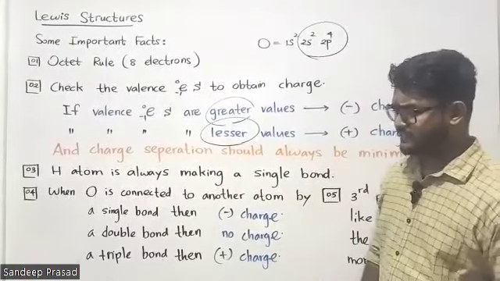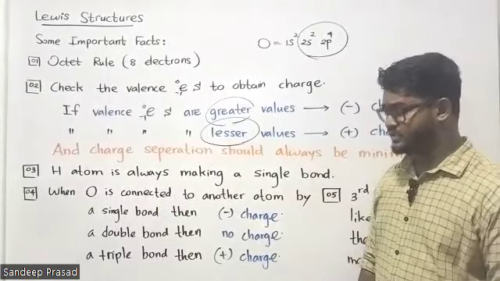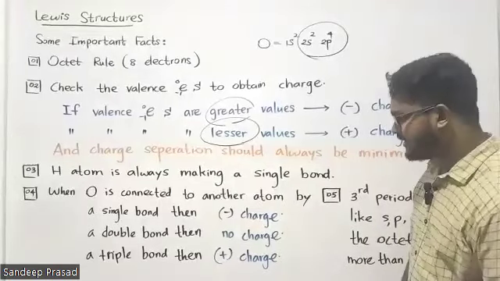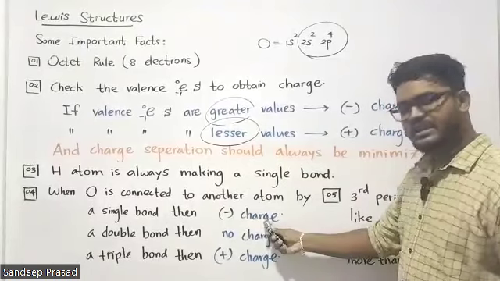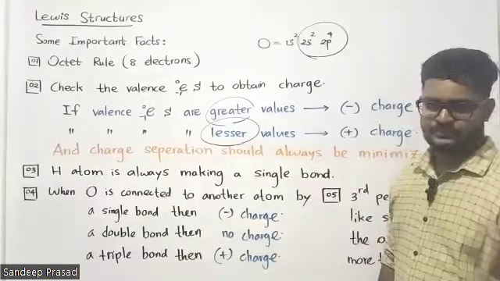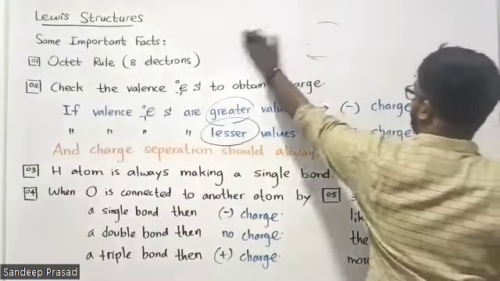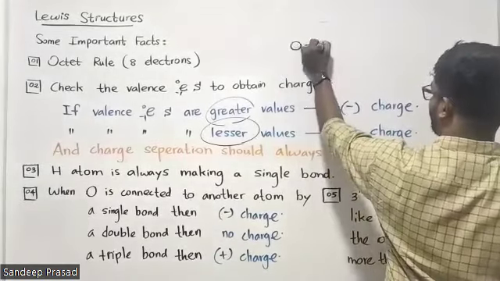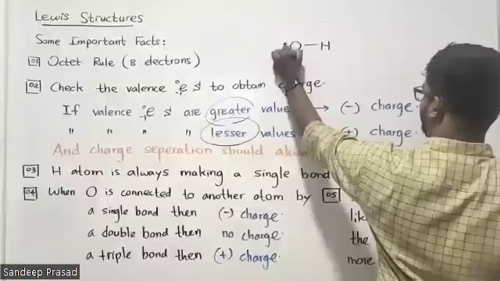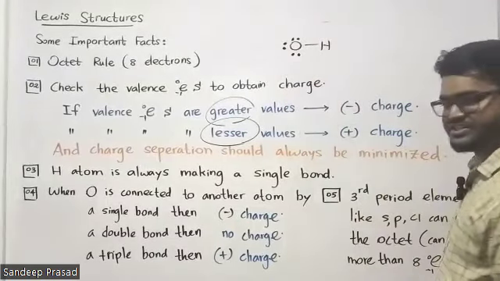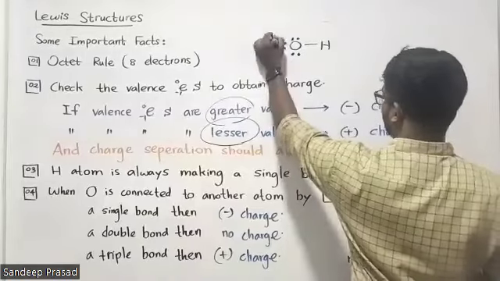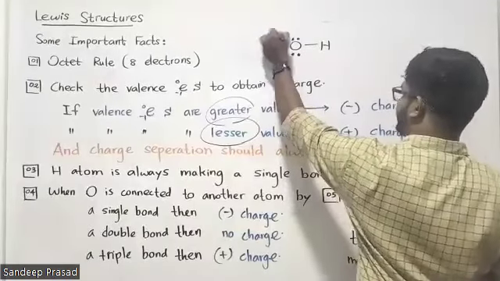Then the next one, oxygen. Most of the Lewis structures contain oxygen. When oxygen is connected to another atom by a single bond, we can consider that it has a negative charge. For example, look at the OH minus anion, hydroxide. Oxygen is connected to hydrogen through a single bond, so this is negatively charged.